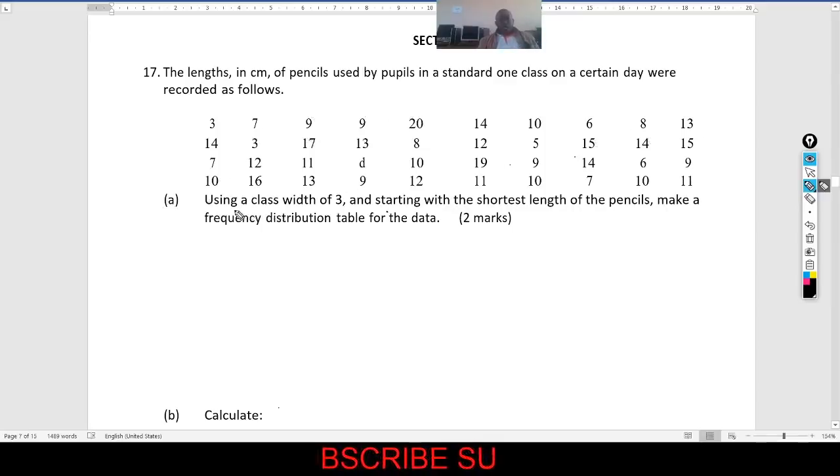Then you are asked to use a class width of 3, so you are given the width to use. Sometimes you may not be given the width to use, but in this case you are. You are told to use a width of 3, and that you start with the shortest length.